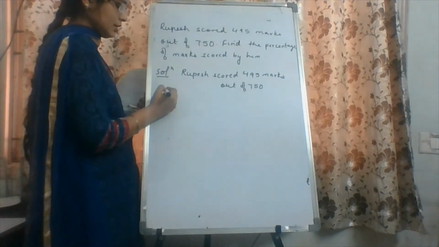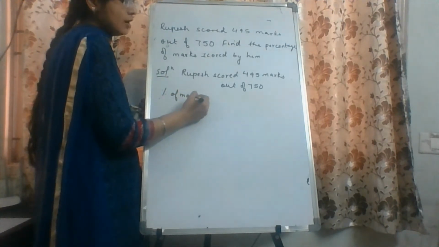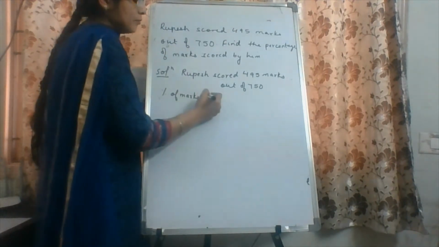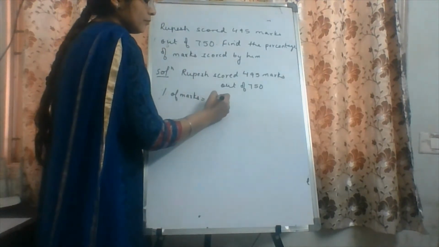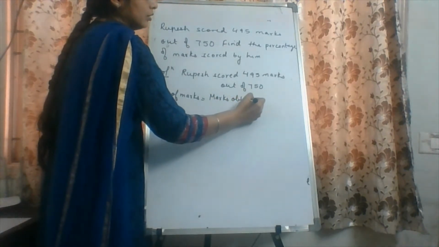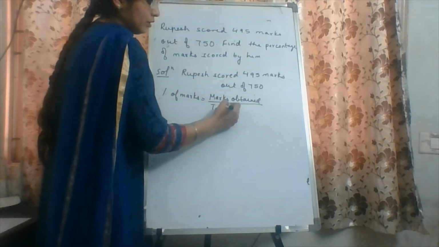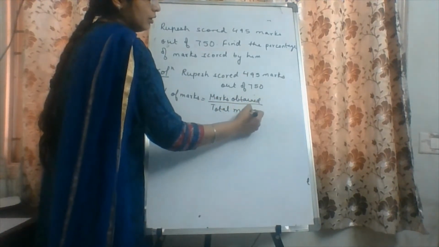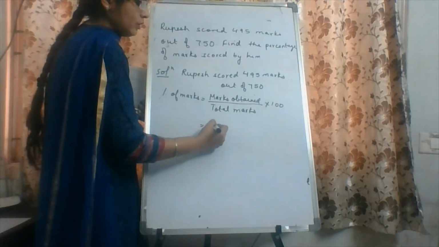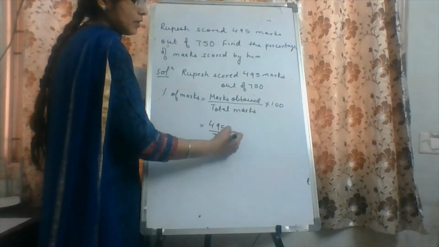Percentage of marks is equal to marks obtained upon total marks multiplied by 100. This can be written as 495 upon 750 multiplied by 100.